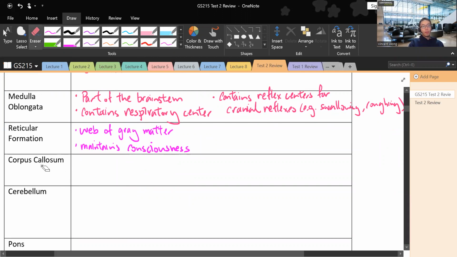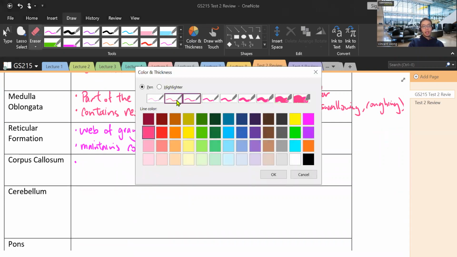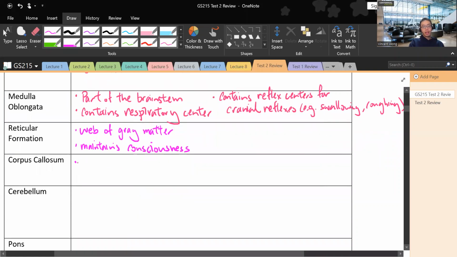Next, we have the corpus callosum, and you should know by now, you've heard me say it enough times, that it is a band of white matter that allows communication. You can probably finish this sentence for me, right?